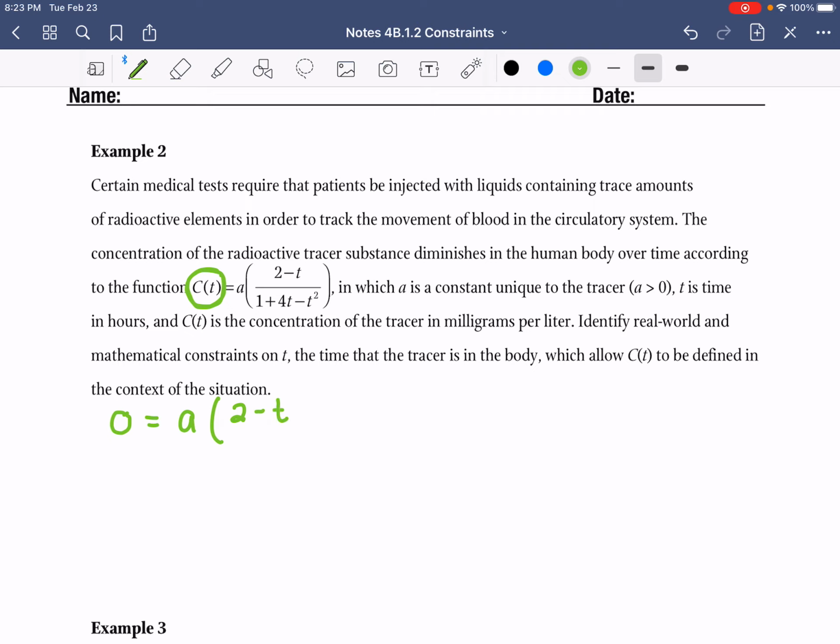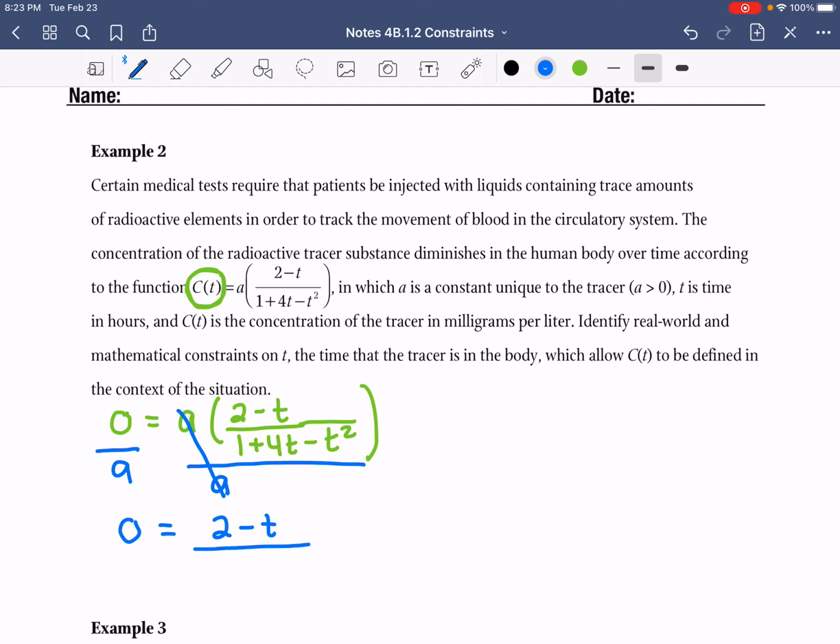And now we're going to solve for t so we can find what time all of our radioactive substance is gone. So first off, this A value, it just says that A is a number greater than 0. We're just going to divide both sides by A. Cancels here. 0 divided by anything is just 0. So I have 0 equals now what was in my parentheses.